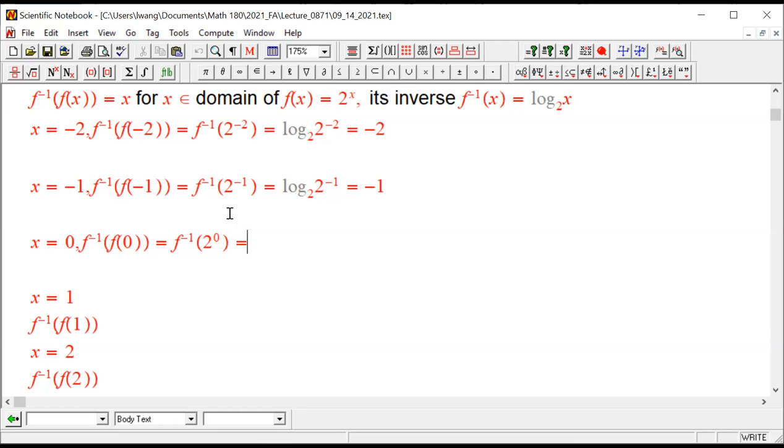And 2 to the power 0, of course, is going to be the input for the next one. That gives you log base 2 of 2 to the power 0. I just didn't bother to make it 1, but it doesn't make any difference. You can make it 1 if you want. This is going to be 0.